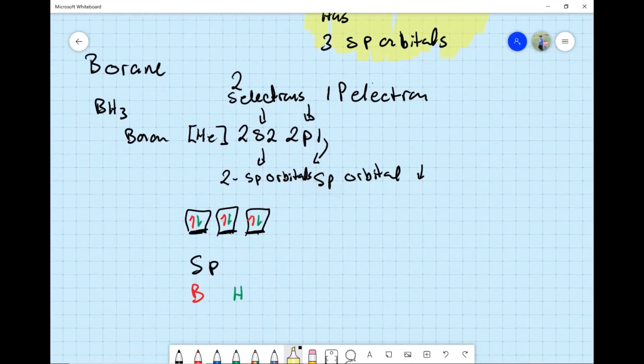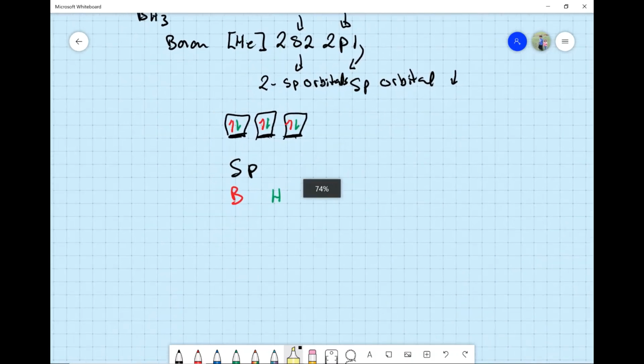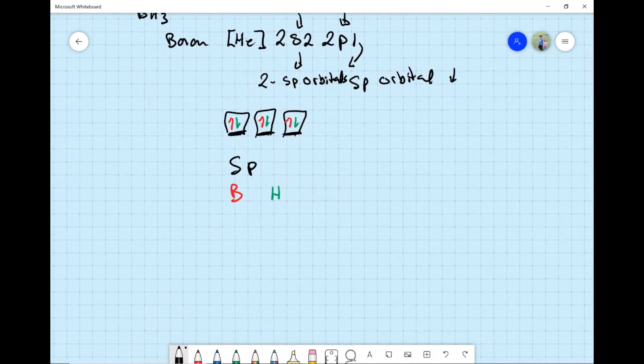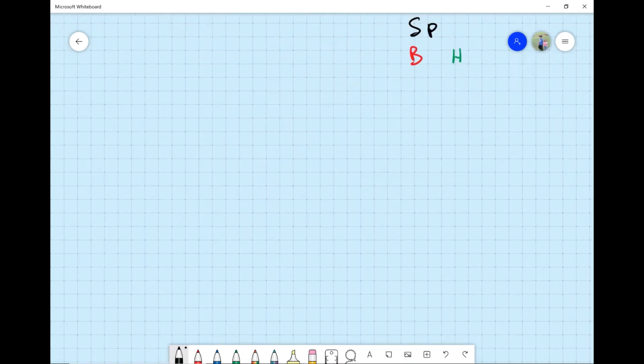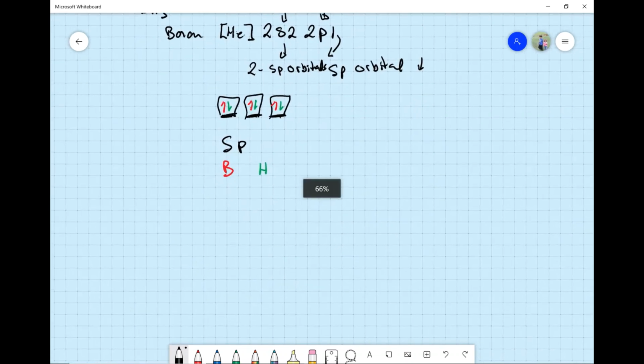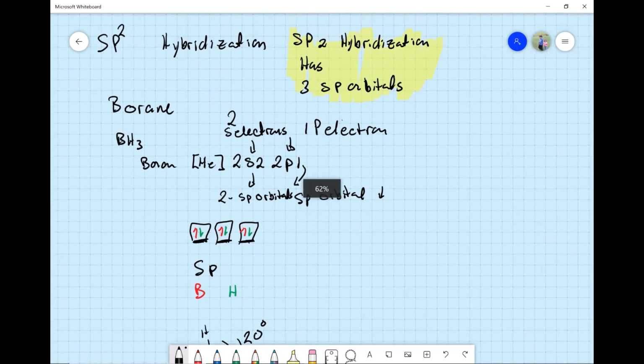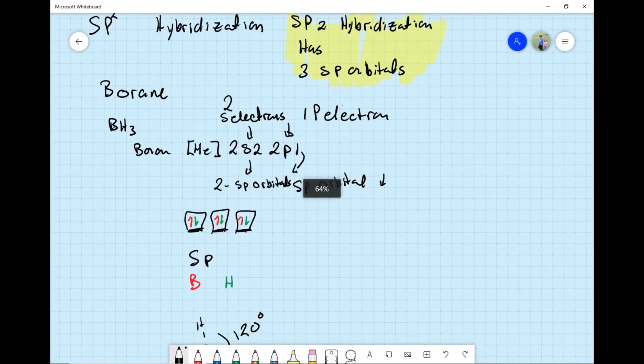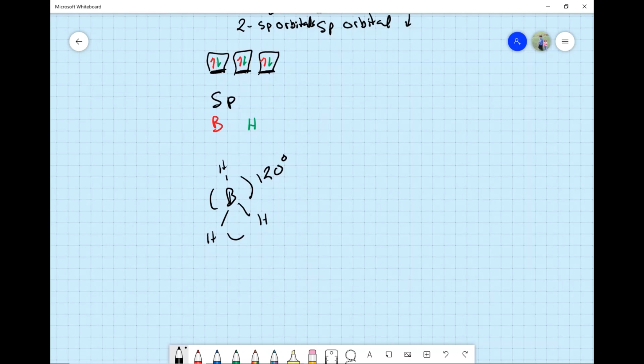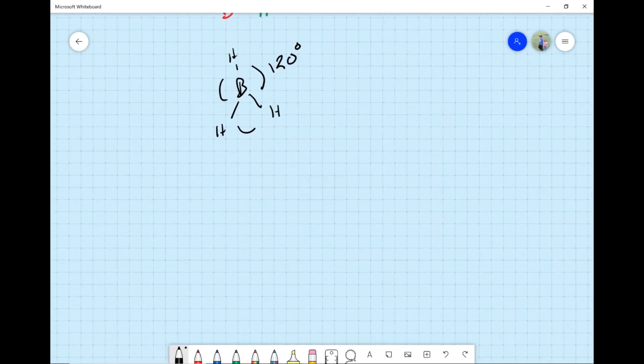One thing about sp2 hybridization now is if I draw it, they're equally distributed at 120 degrees. So this is sp2 hybridization. And I kind of drew the nomenclature a little wrong. sp3 hybridization.